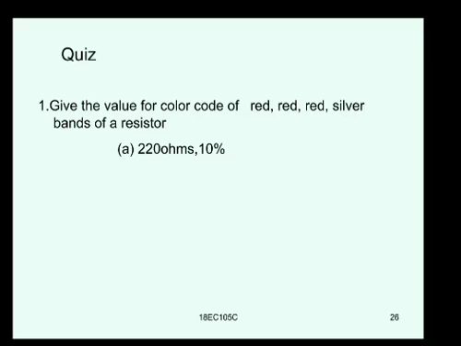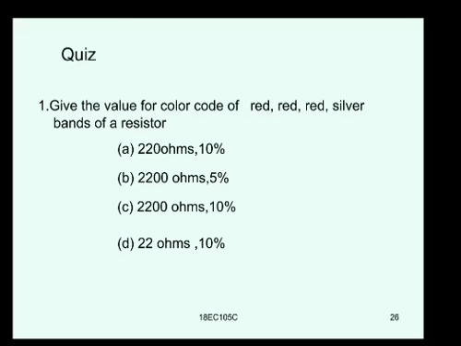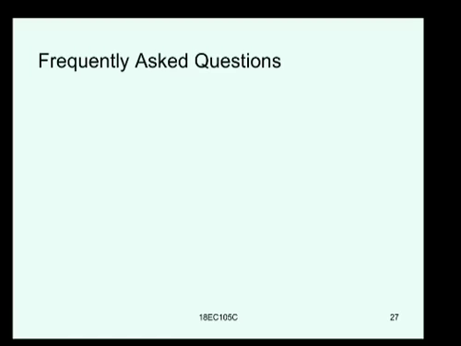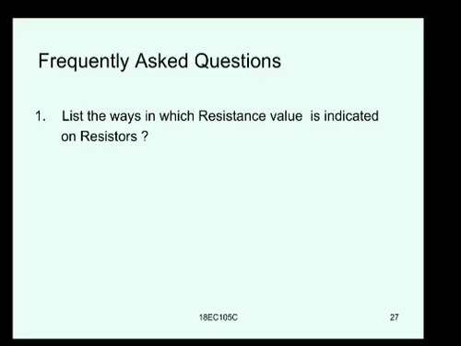A is 220 ohms, B is 2200 ohms with 5% tolerance, C is 2200 ohms with 10% tolerance, D is 22 ohms. Which is the right answer? Red, red, 0, 0. So it should be 2200 ohms, either B or C. Then what is the tolerance here? It is silver. Silver is 10%. Answer should be C.